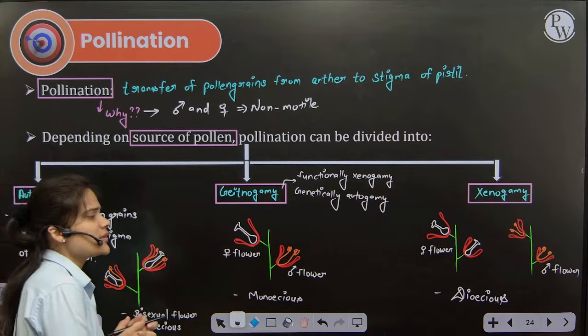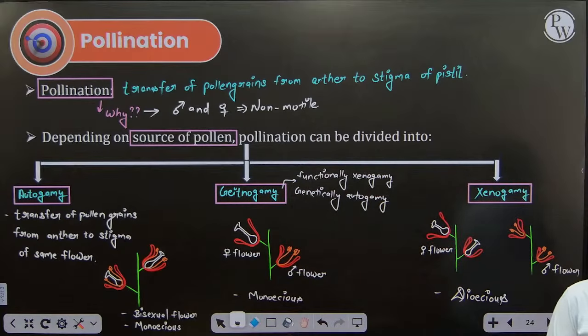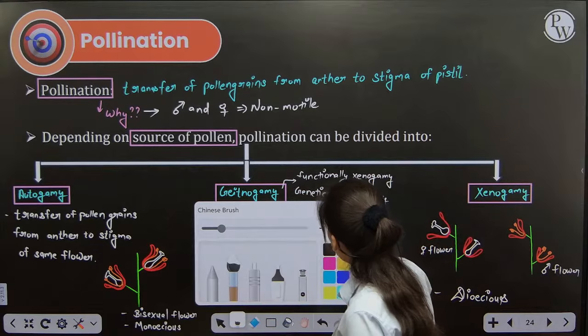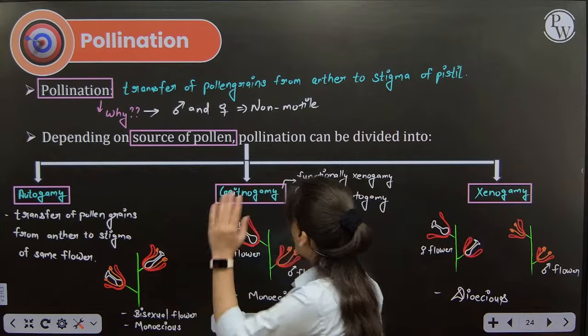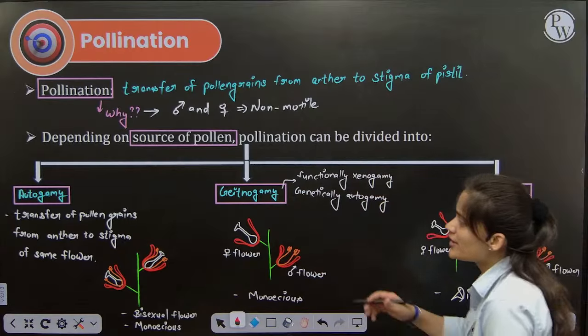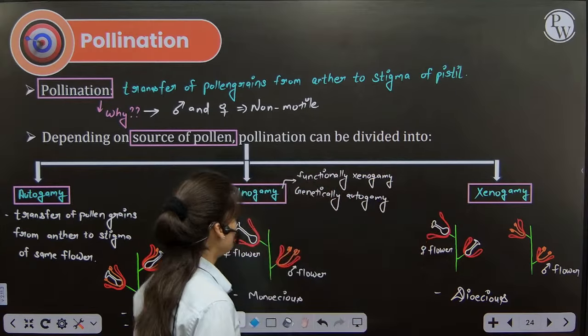That transfer takes place with the help of pollinating agents. Depending on the source of pollen, pollination can be divided into three types. What are these three types? Autogamy, geitonogamy, xenogamy.